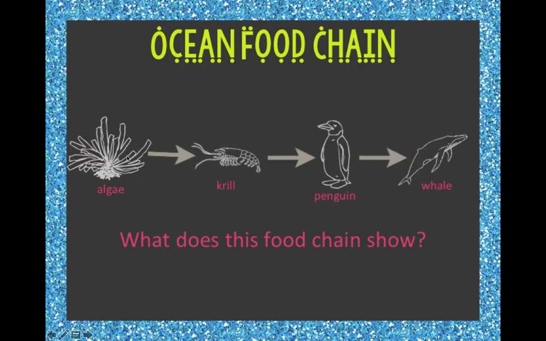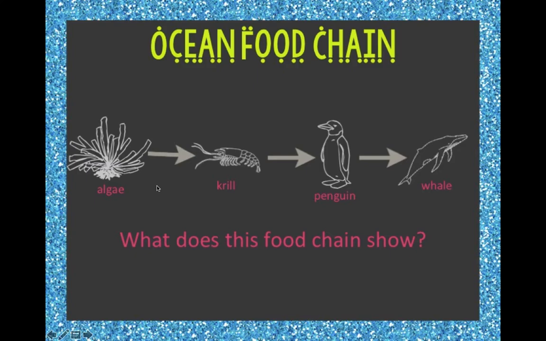Now we have an ocean food chain that shows 1, 2, 3, 4 organisms. And we have the arrows which show the transfer of energy. So the algae is transferring energy to the krill, which is giving energy to the penguin, which is giving energy to the whale.